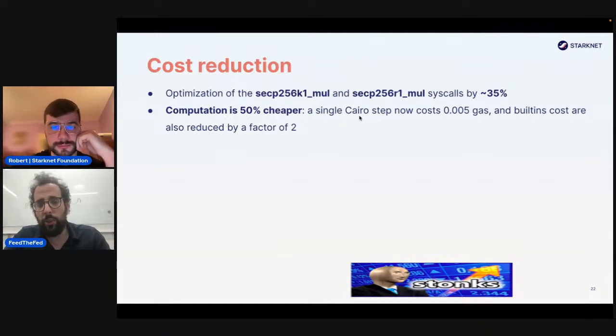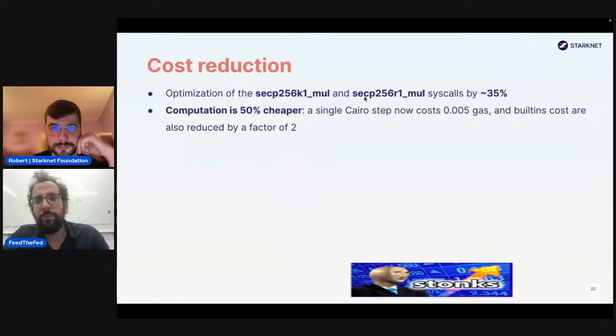These functions are used for either verifying Ethereum signatures or verifying enclave signatures. So very important if your account is facial recognition based. If your account is facial recognition based, then under the hood, you're not using the regular Stark signature.